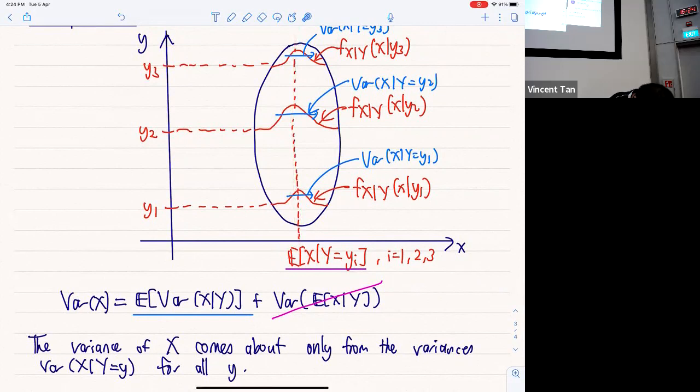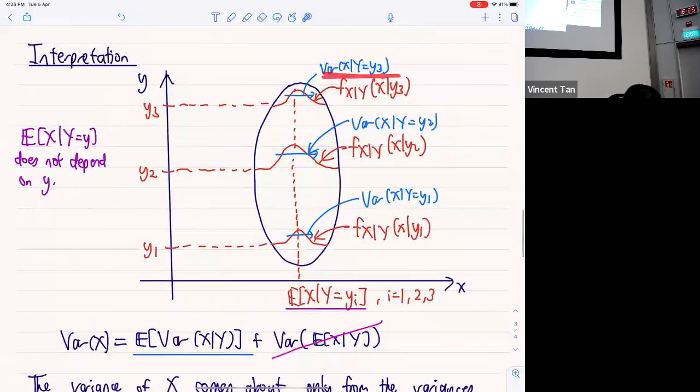So what we can say is that the expectation of X given Y equals y does not depend on little y. However, the variance of X given Y equals y does depend on little y. Here, the spread is bigger.